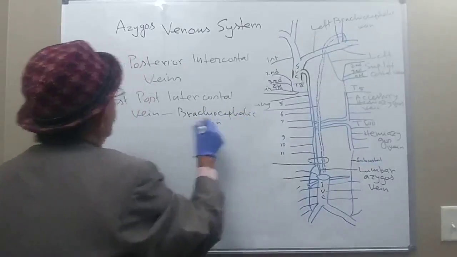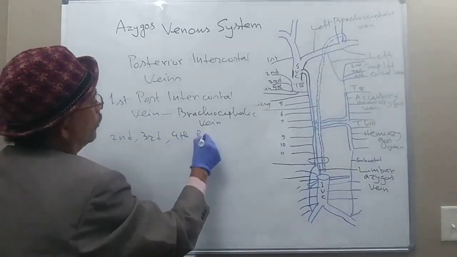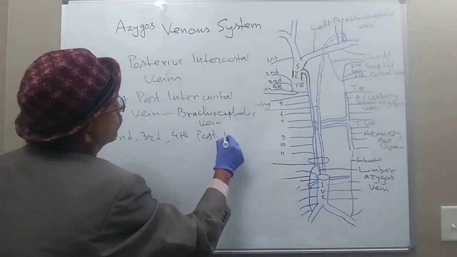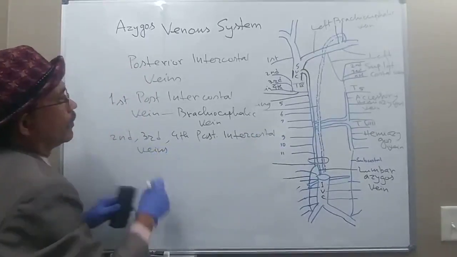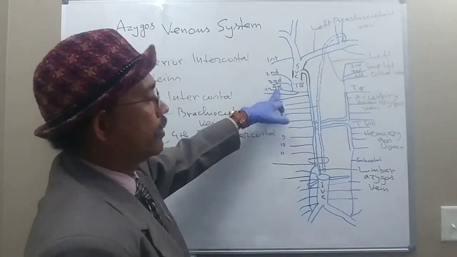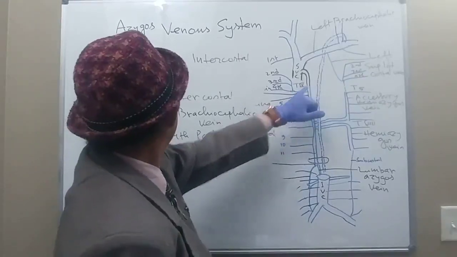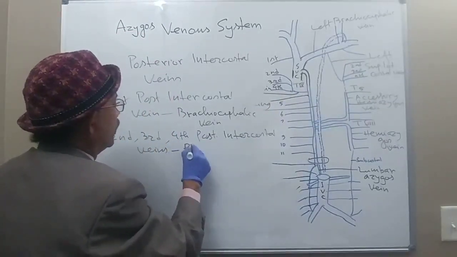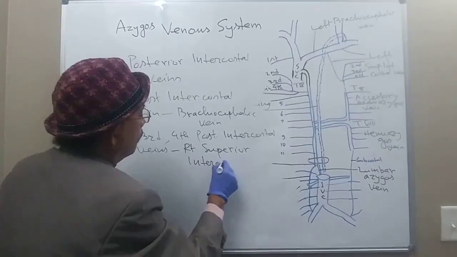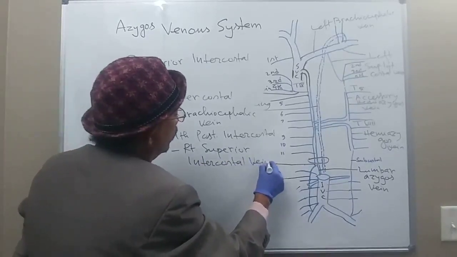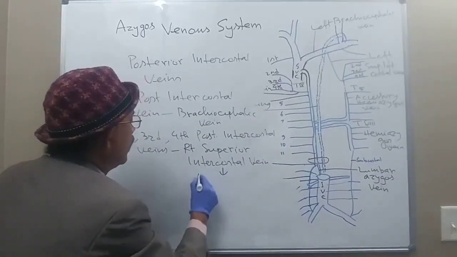How about the second, third and fourth posterior intercostal veins?